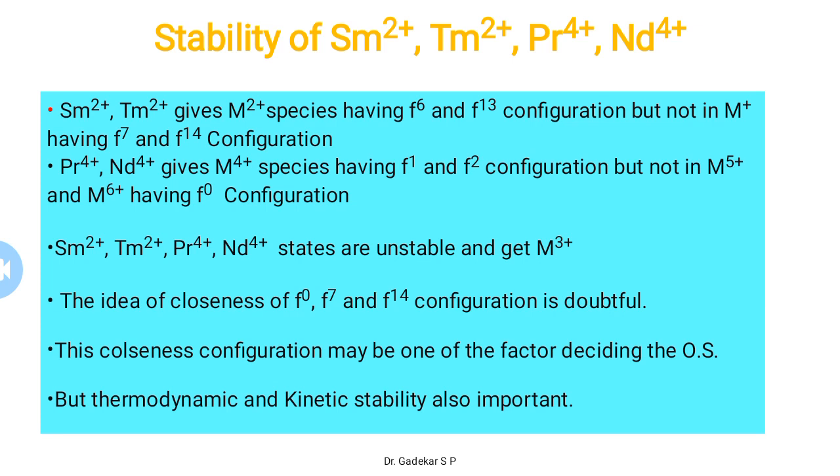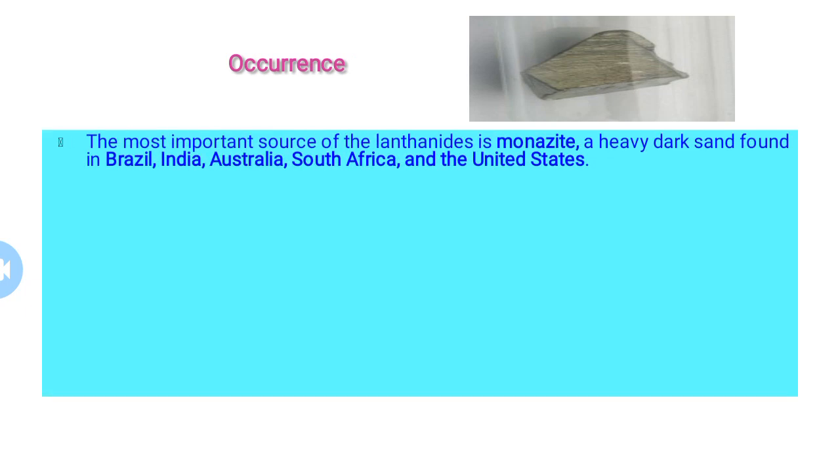So now, occurrence of lanthanide elements. The most important source of lanthanides is the monazite mineral.